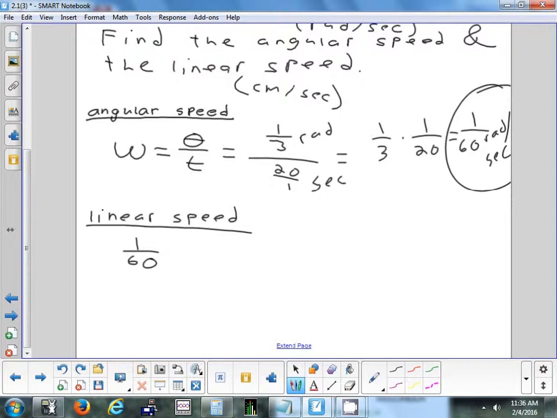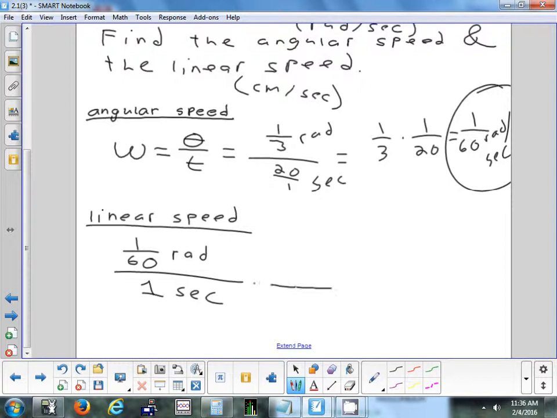Does anyone want me to change that to a decimal? 0.097. Okay, we'll just leave it then. So your speed is 1/60th of a radian per second. Very, very slow.